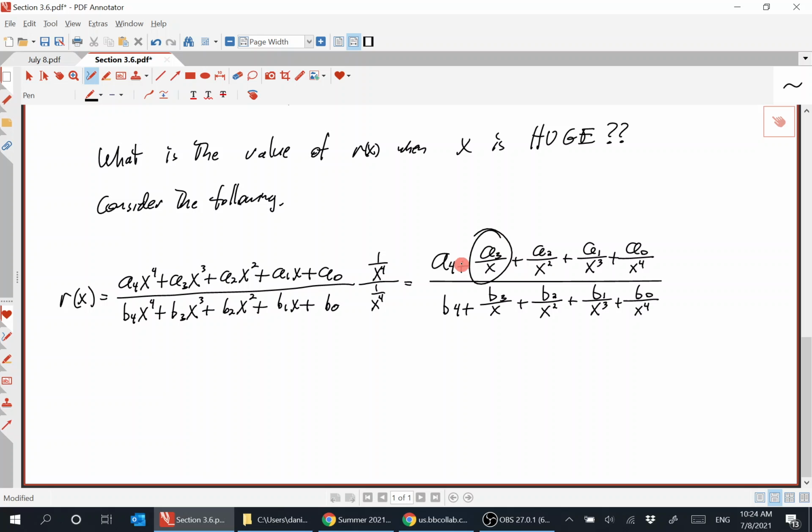Fine. What's this? If x is gigantic, what's a3 over x, approximately? When x is 10 billion, a3 is like 5, so 5 over 10 billion.